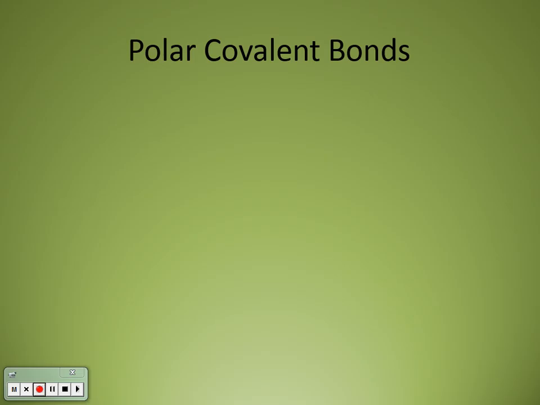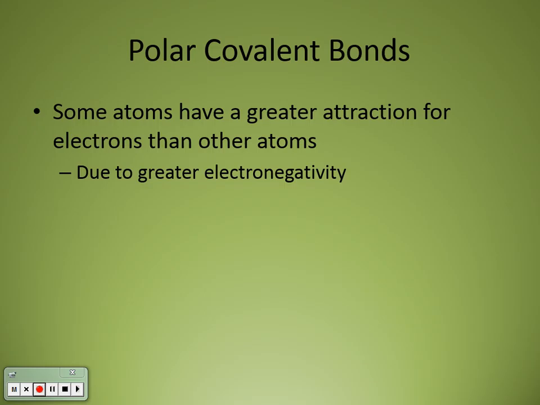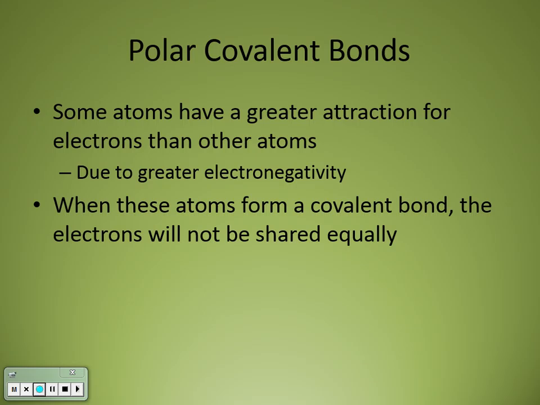Okay. Polar covalent bonds next. Some atoms have greater attraction for electrons than other atoms do due to their greater electronegativity. And when these atoms form a covalent bond, those electrons will not be shared evenly.